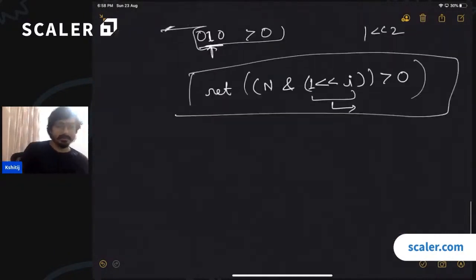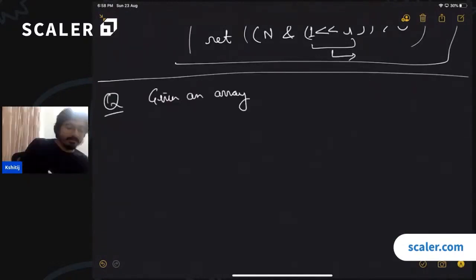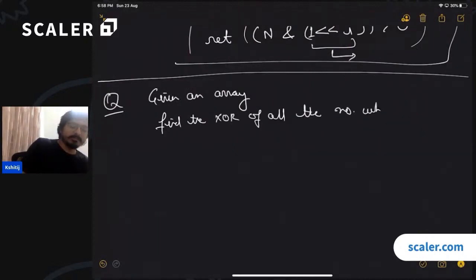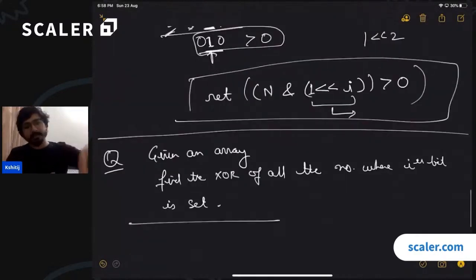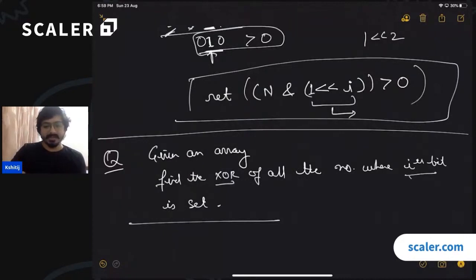Let us see another quick question. If you are given an array, find the XOR of all the numbers where the ith bit is set. Now, given that you are able to find whether the ith bit of a number is set or not, can you also find the XOR of all the numbers in a given array which have a set ith bit?